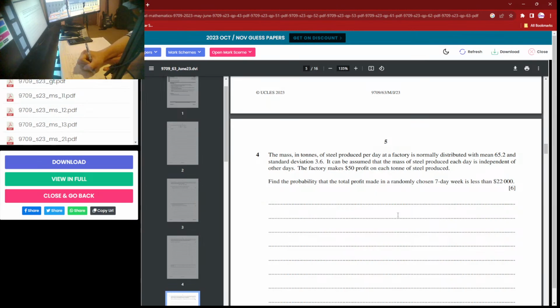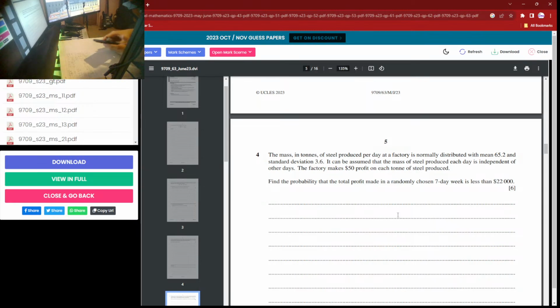Now we can find probability. Probability that x is less than 22,000. So 22,000 minus 22,820 over 1260. So we will have 22,000 minus 22,820 divided by 1260, negative 0.651.